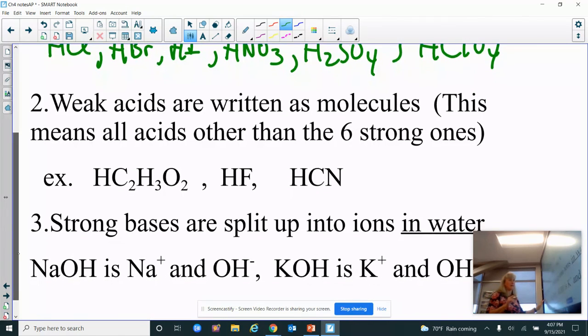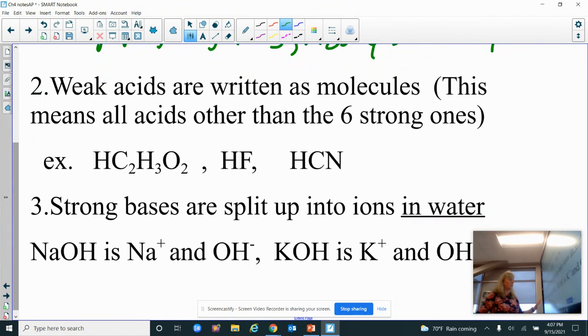But all the strong bases also split up into ions in water. So NaOH will split up. And the strong bases are your alkali metals with OH and your larger alkaline earth metals with OH, with a hydroxide. So like calcium hydroxide, strontium hydroxide, barium hydroxide, and all the alkali metals with hydroxide. Those are your strong bases. Those will split up as long as they're in water.